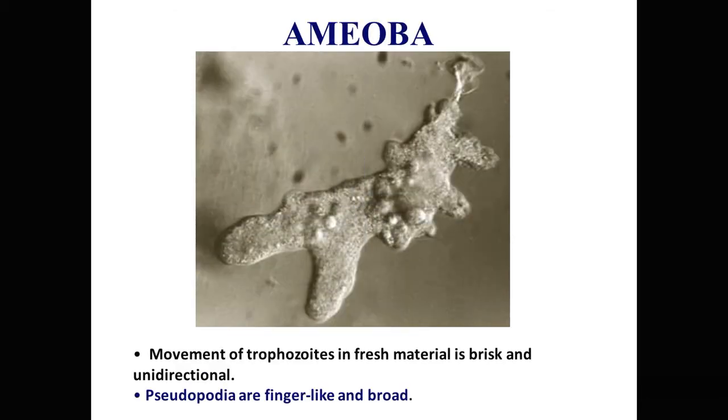So let's start with the first group, amoeba, and which parasites are found in it. This is an amoeba under the differential interference contrast microscope. Amoeba doesn't have a defined form, and it develops pseudopods for movement.